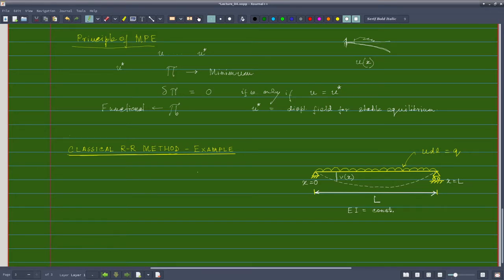We are calling this deflection V, which is a function of x. So let V of x be a quadratic polynomial, a0 plus a1x plus a2x squared.